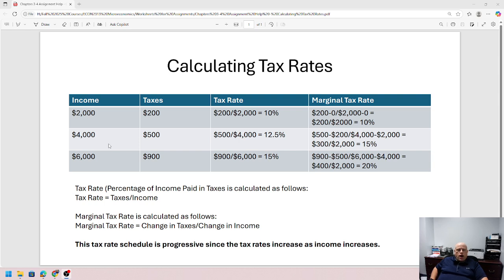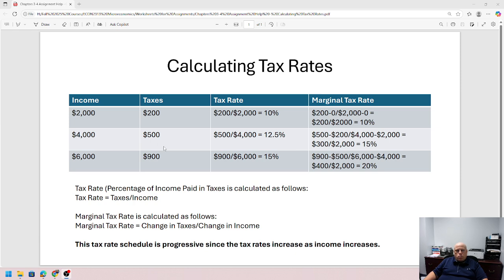All right. And then the last row there is $6,000 income and $900 in taxes. Again, to get the tax rate, very simple. It's a ratio. You just take the taxes over the income. So it'd be $900 divided by $6,000, which is 15%. And then the marginal tax rate, again, is the change in the taxes divided by the change in income.